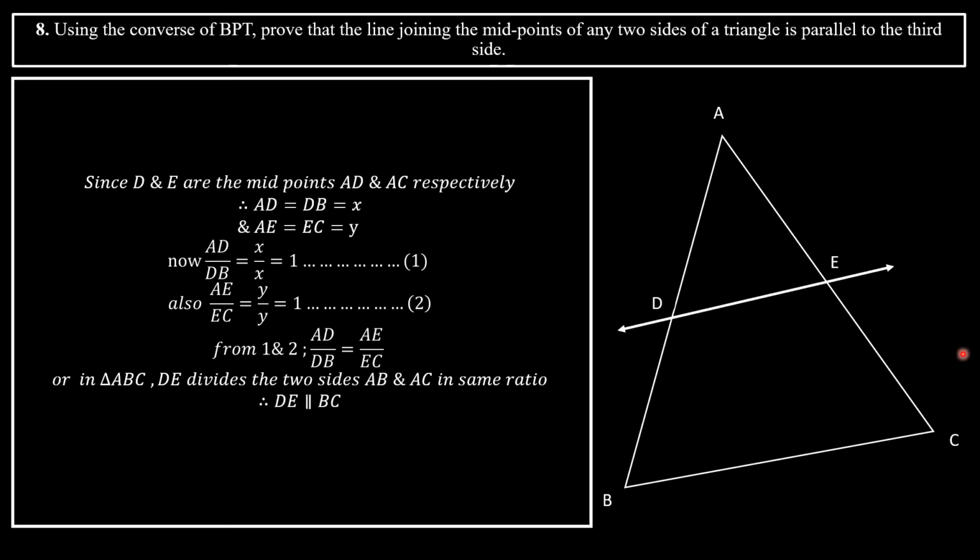So by the converse of BPT, we can write that DE is parallel to BC. If a line divides two sides of a triangle in the same ratio, it is parallel to the third side. This is the converse of the BPT. This is what was asked in the question.